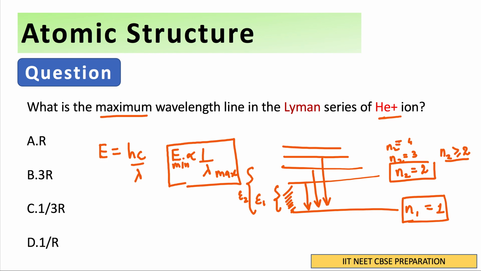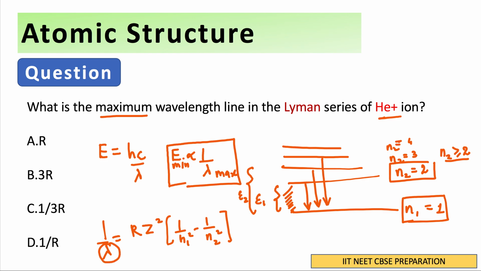So now you know that wavelength will be maximum, and basically we found out the value of n2. That is all that we need. We need n1, n2, and Z, and we can find the wavelength, because from the difference in energy we get this formula: 1 by lambda is equal to R Z square into (1 upon n1 square minus 1 upon n2 square). I think you know this formula, right? In order to find the wavelength lambda, we needed these three variables.